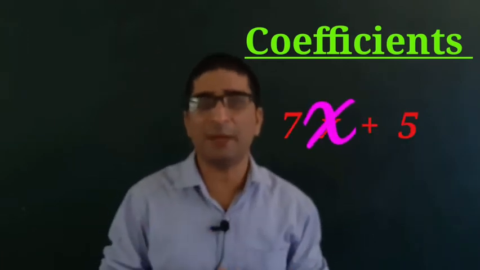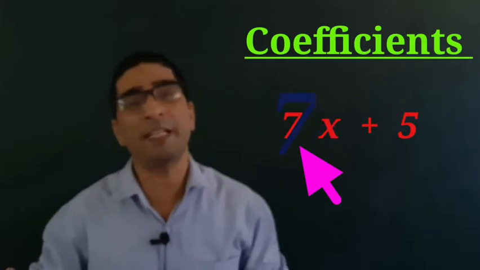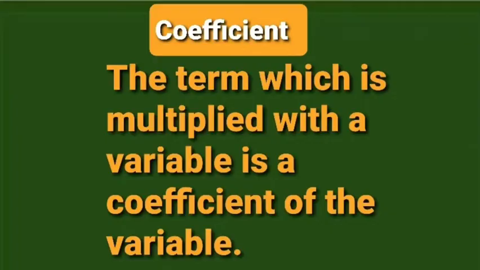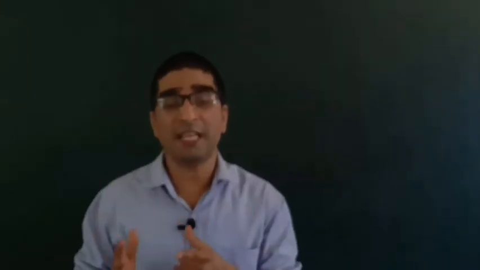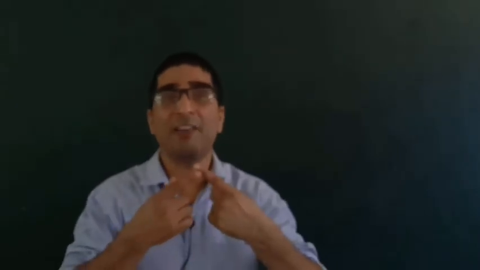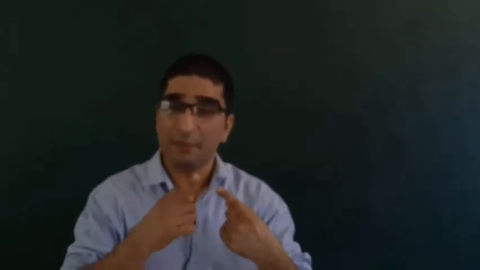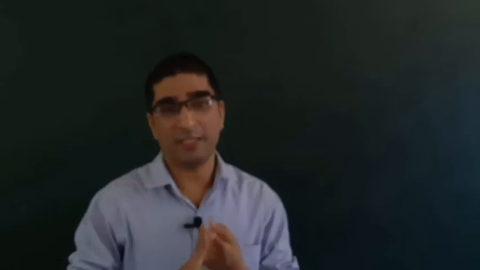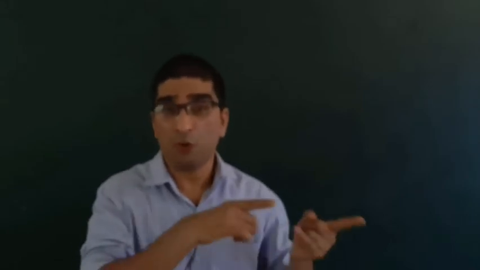Here, if x is the variable, then only 7 is the coefficient of x. The term which is multiplied with a variable is a coefficient of the variable. Coefficients and variables are interlinked. If there exists a variable, then there will be a coefficient for that particular variable.